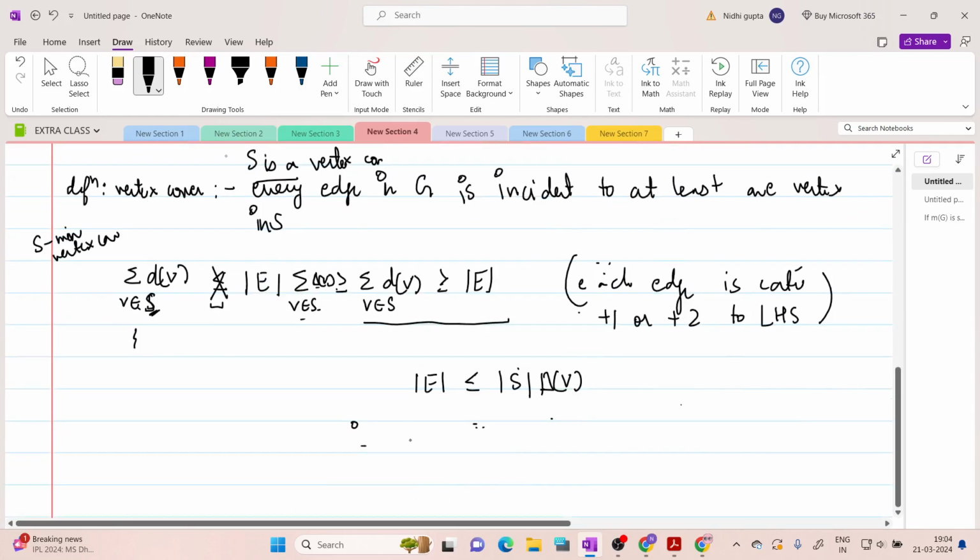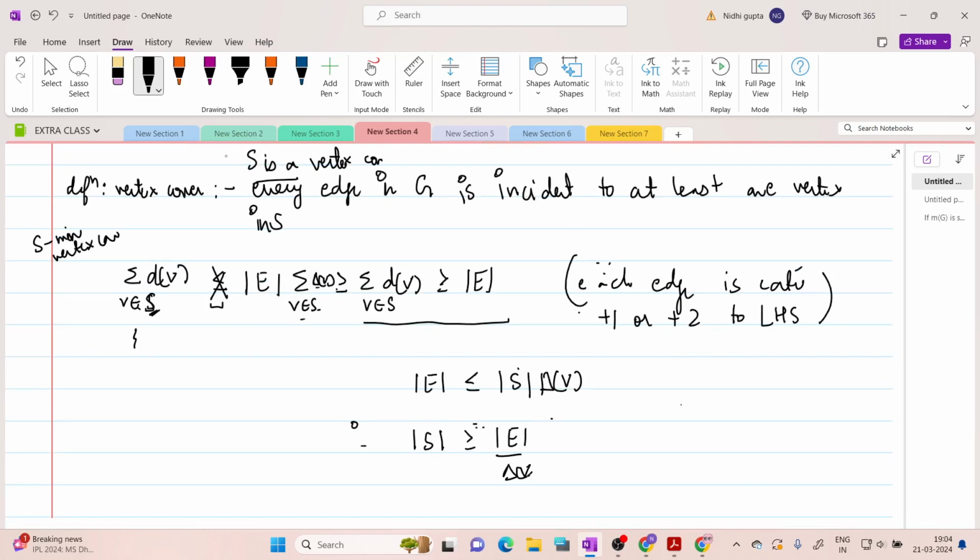So we have shown that the size of S is greater than or equal to |E| by delta(V). And this was the size of the minimum vertex cover, and since it is a bipartite graph, it is also the size of the maximum matching. So we have shown this.